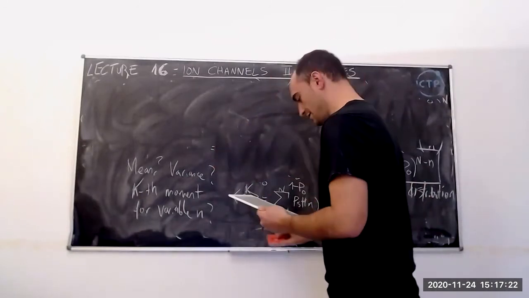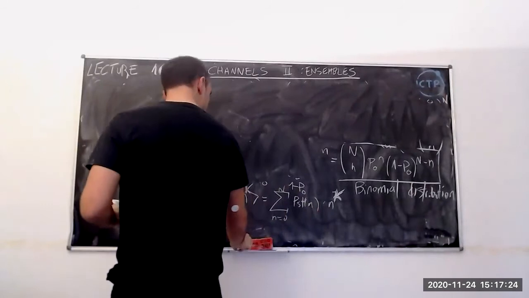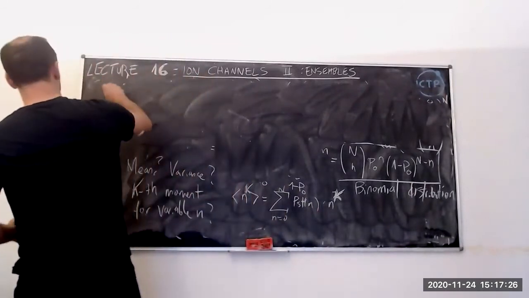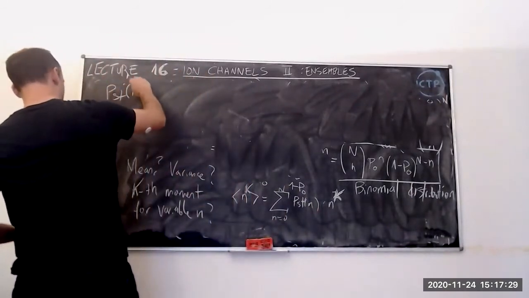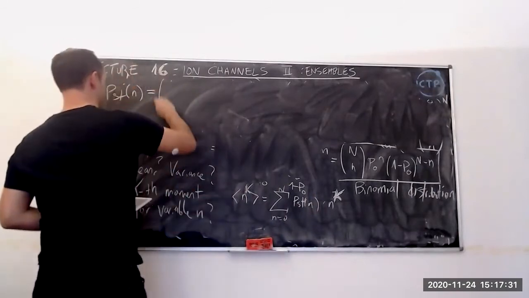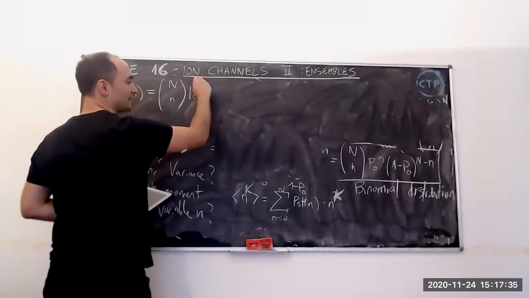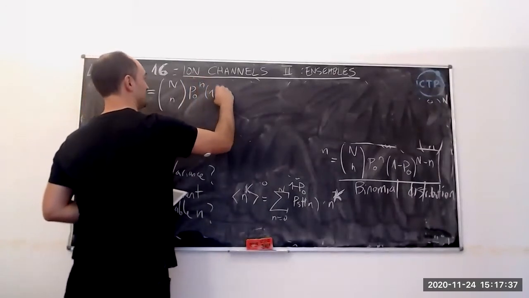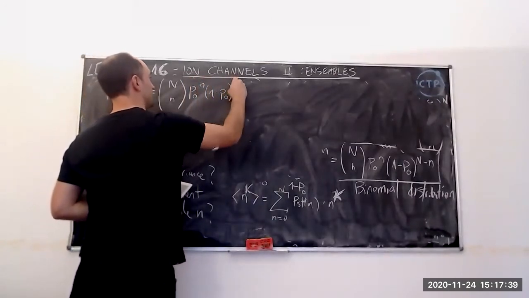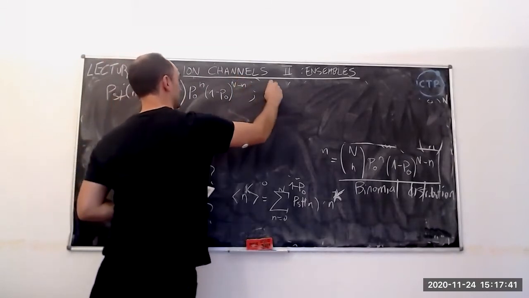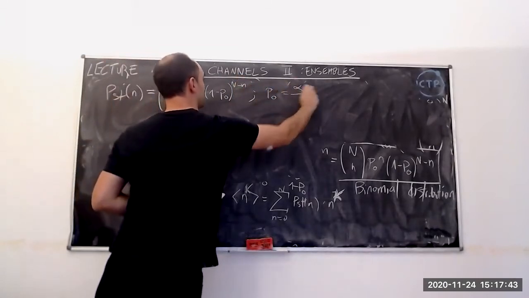Let me copy here the stationary distribution, which is N over n, p0 to the power n, 1 minus p0 to the power N minus n, with p0 equal to alpha divided by alpha plus beta.